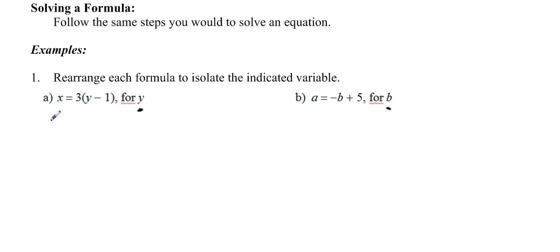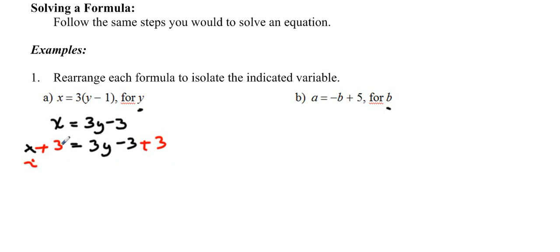So what we need to do here is expand the 3 into the brackets. So we end up with 3y minus 3. Now my goal is to get y by itself, so I'm going to add 3 to both sides. So there we go. Now I've got x plus 3.